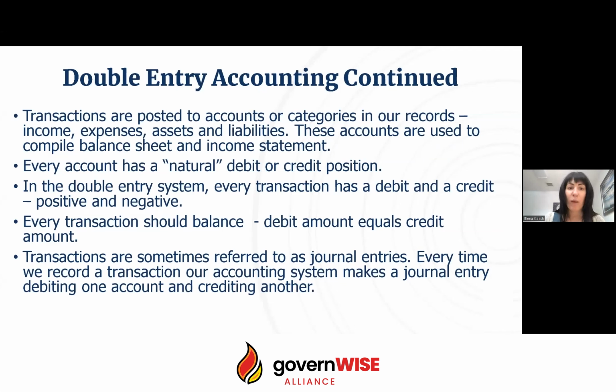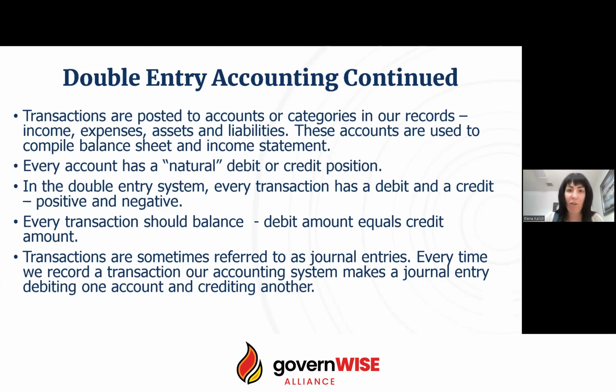So the way our accounting system works is, even if we're using one of those really user-friendly systems, instead of making journal entries or knowing debits and credits, we can say, okay, record an expense, or record a vendor bill, or record a customer receipt or a sales invoice, right?